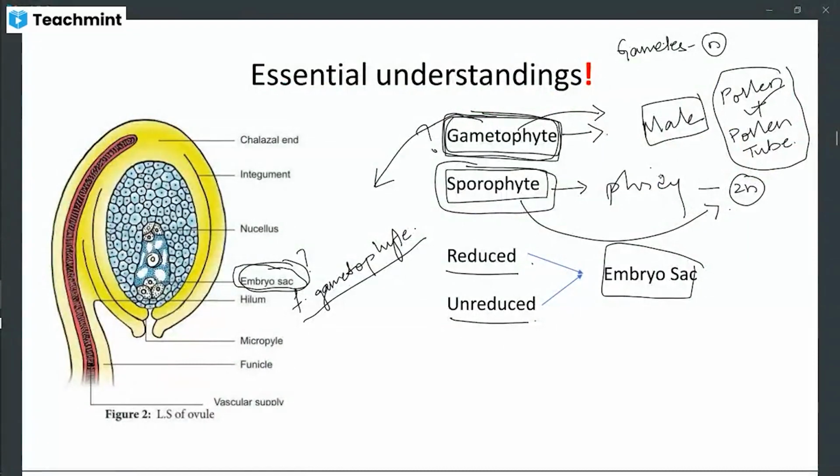Okay, so I was just telling that the ploidy level of the gametes will always be n according to the student answer, and the ploidy level of the sporophyte will be 2n. And the other two essential terms that we need to understand are reduced embryo sac and unreduced embryo sac.